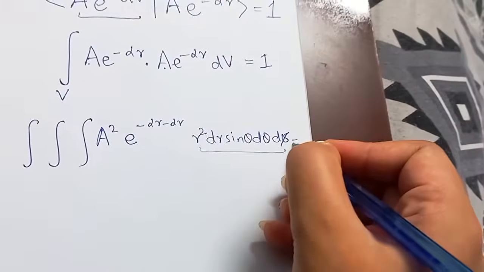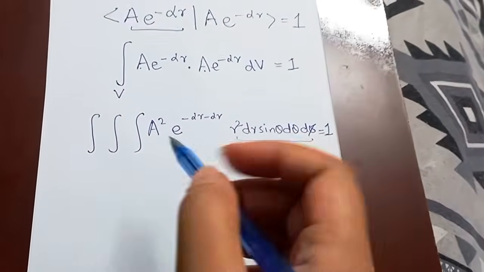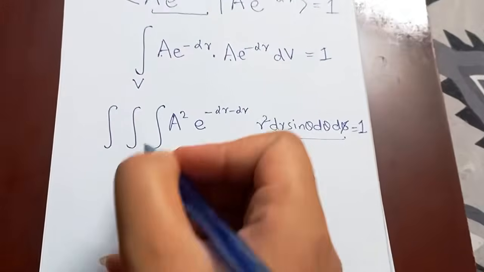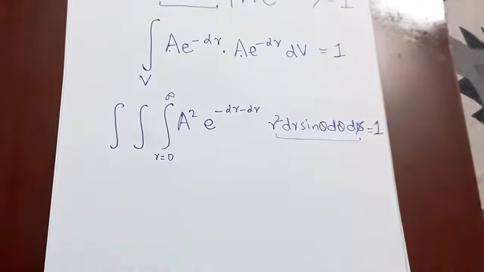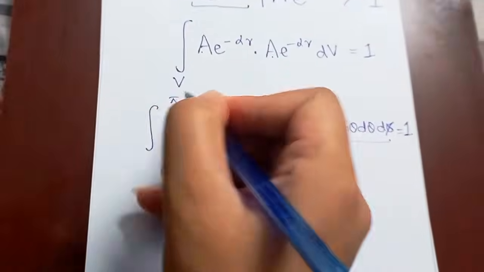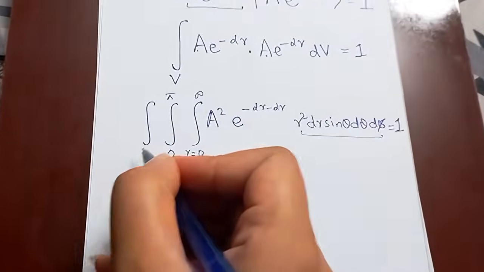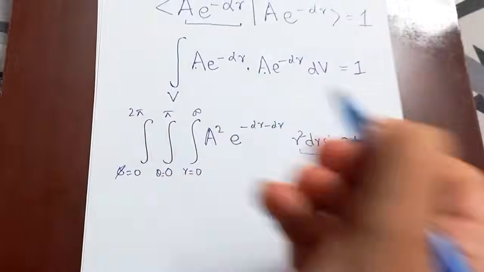In this example, we are using spherical coordinates, so everything will be in spherical coordinates. Now here are the limits of integration. For r, it will run from 0 to infinity. For theta, it will run from 0 to pi, and for phi, it will run from 0 to 2 pi.